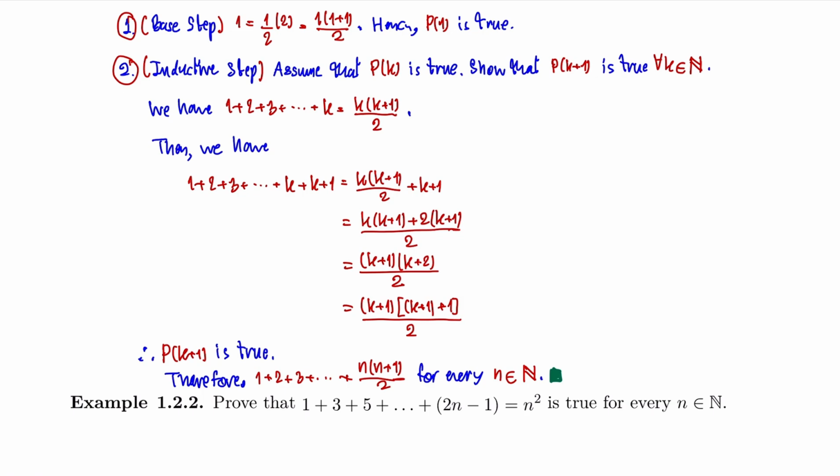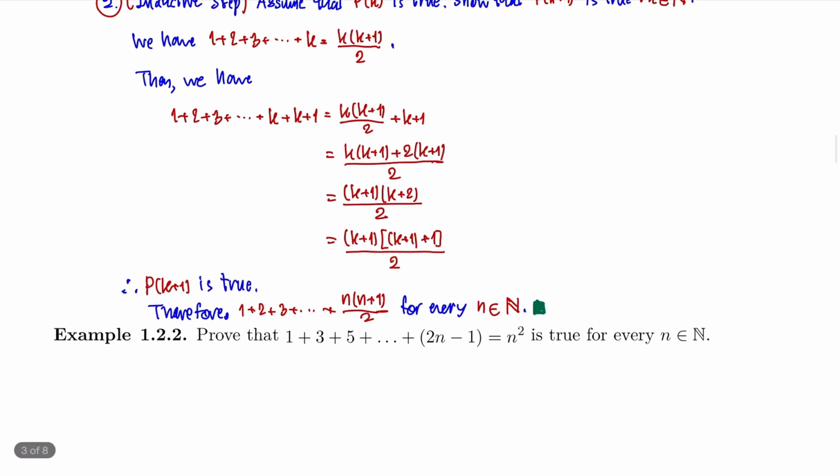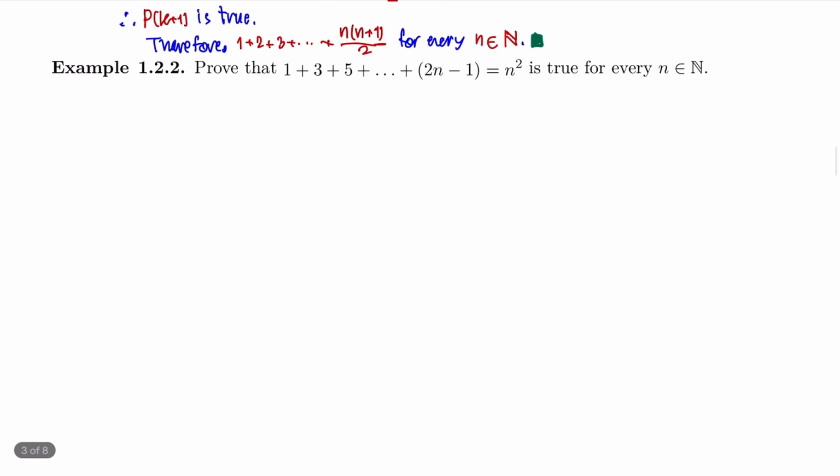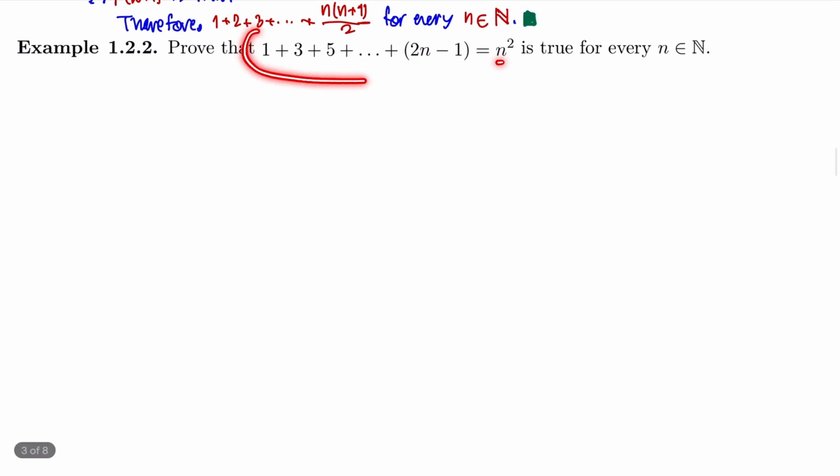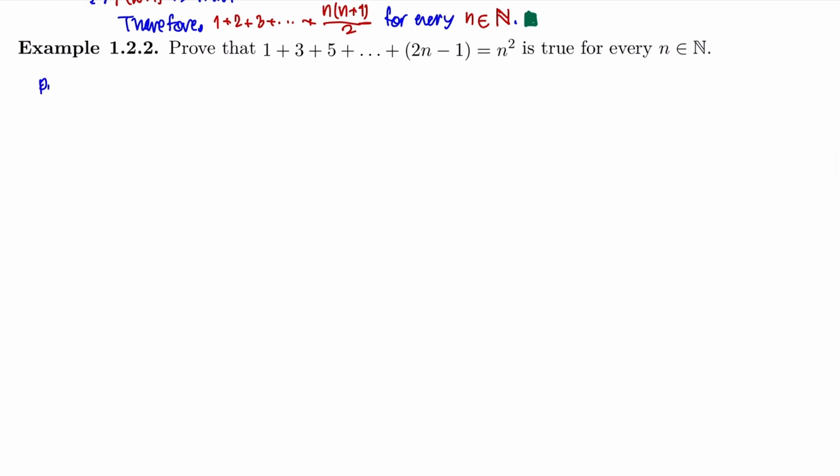Now let's go to another example. Take a look at this proof right here. The sum of odd numbers from 1 all the way to the nth odd number is n squared. So we will show that this equation is true for every positive integer n. We will use mathematical induction.